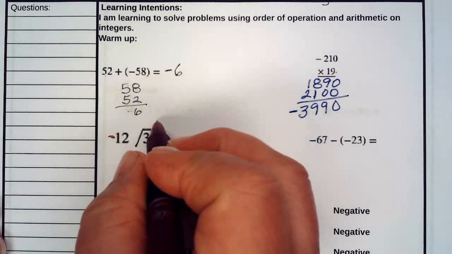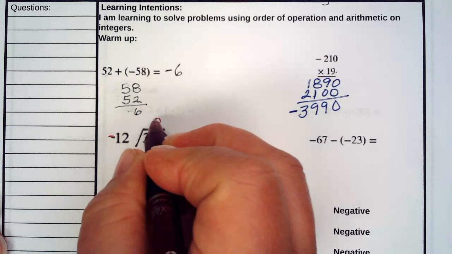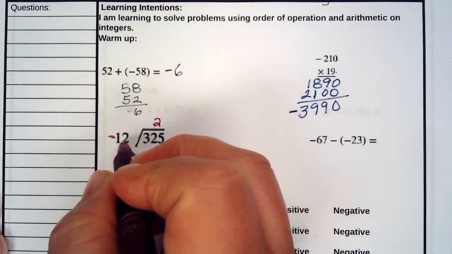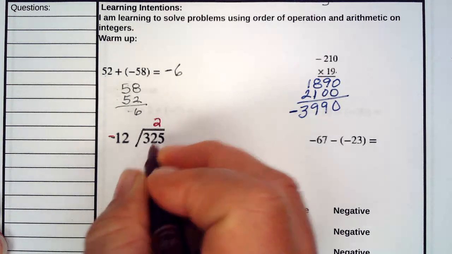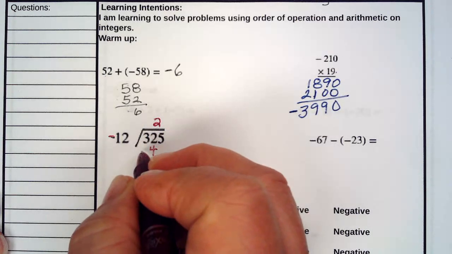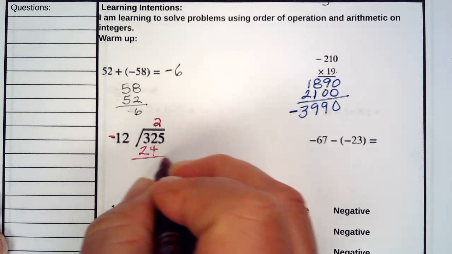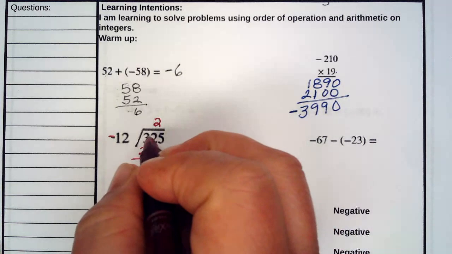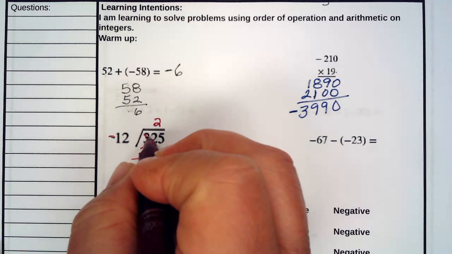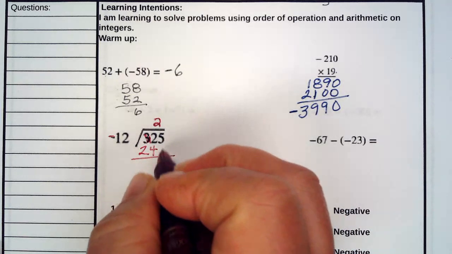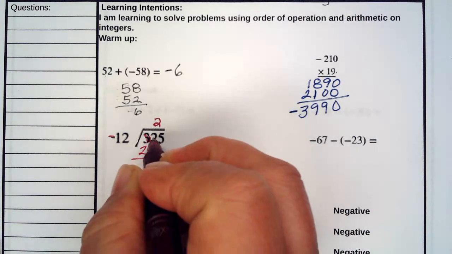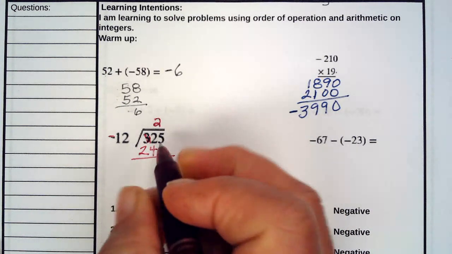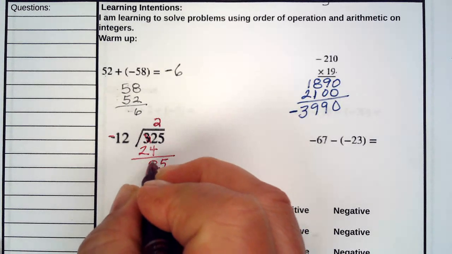So we can only go in 2 times. 2 times 2 is 4. 2 times 1 is 2. Got to borrow from the 3, and that makes this 12. Bring the 5 down. 12 minus 4 is 8.